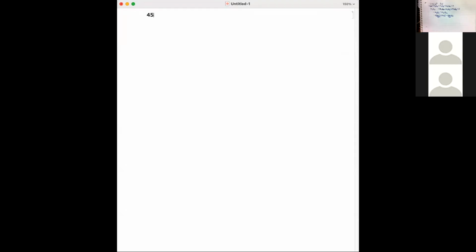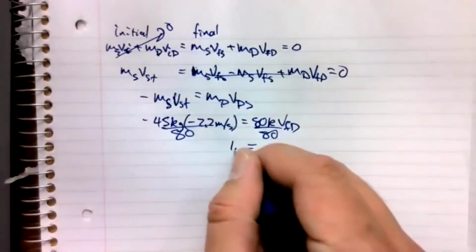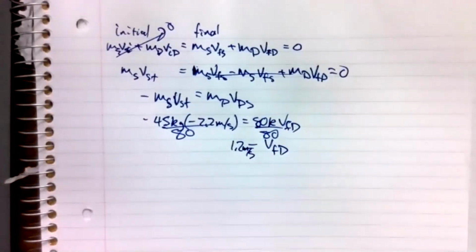I'll say my negative signs go away. So 45 times 2.2 divided by 80. So that's going to give me his velocity should be 1.2 meters per second. So I'll get 1.2 meters per second for David's final velocity.